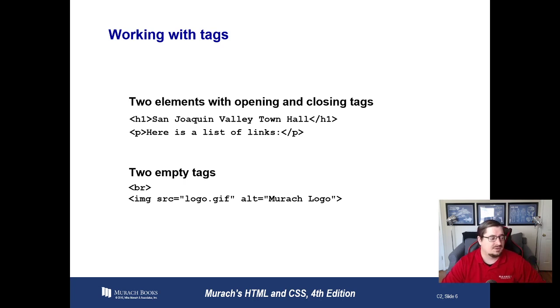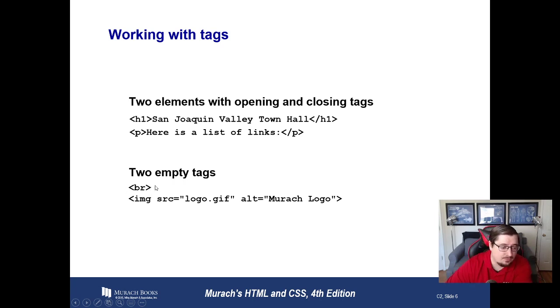Some tags don't have closing tags that go with them. Most tags do, but some don't. In fact, with these ones, if you add a closing tag, that would be an error. These are what we refer to as empty tags because they don't have any content. The stuff between the start and the end of the tag is often referred to as the content of that tag, so they're empty because they don't have any content.